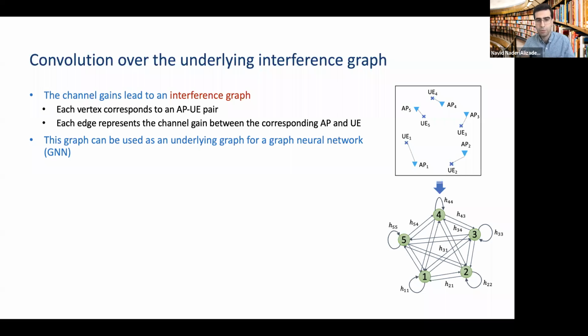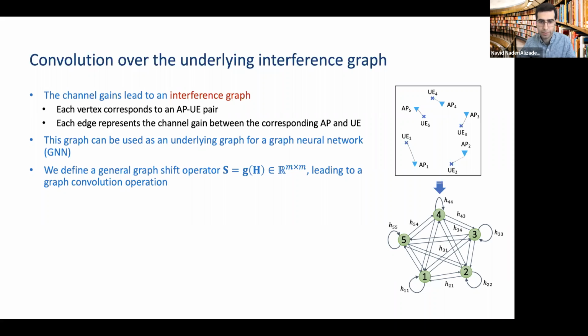So we can use this graph as the underlying graph for a graph neural network architecture, which is based first on a graph shift operator S. And S is going to transform our matrix H, for example, to another matrix of the same size and same order. For example, you can take the channel matrix and output the SNR or INR values or something like that.